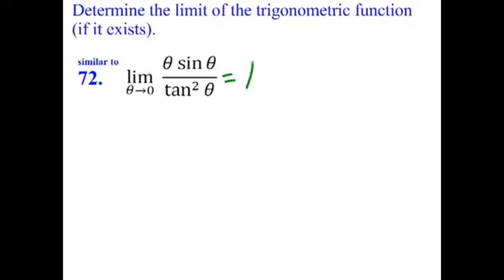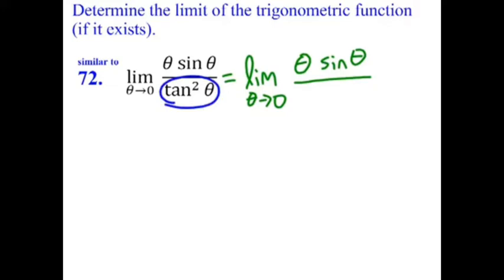So in the first step, limit theta tends to 0 of theta into sin theta divided by tan square theta, I will split it, that is sin square theta divided by cos square theta.